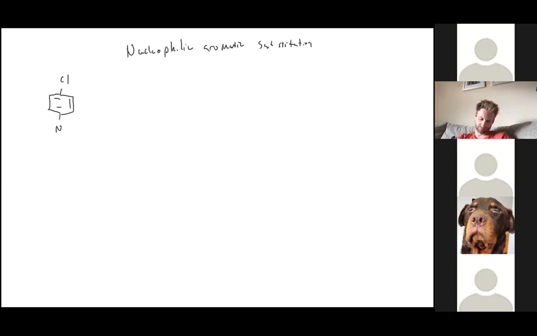I'm going to draw it out. If we add in NaOH at this point, what we can have happen is a nucleophilic attack, kind of like an SN2.